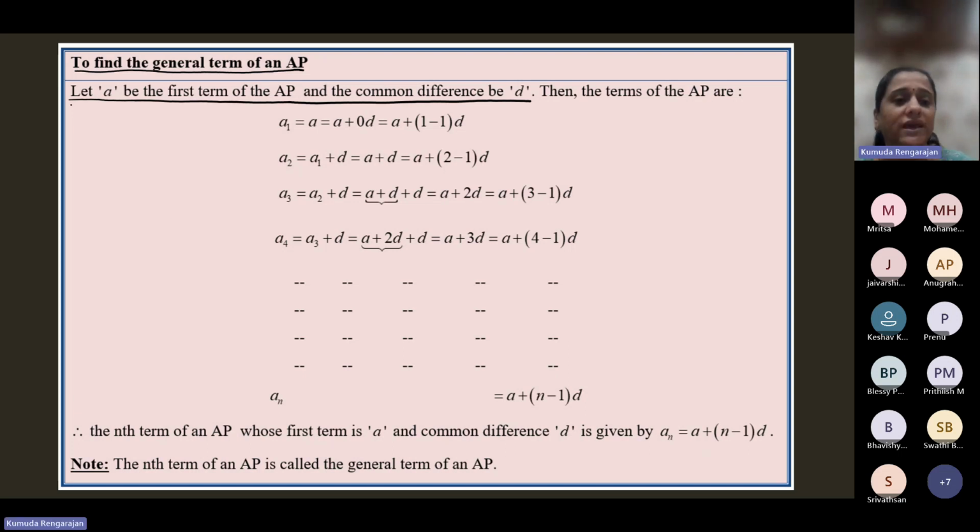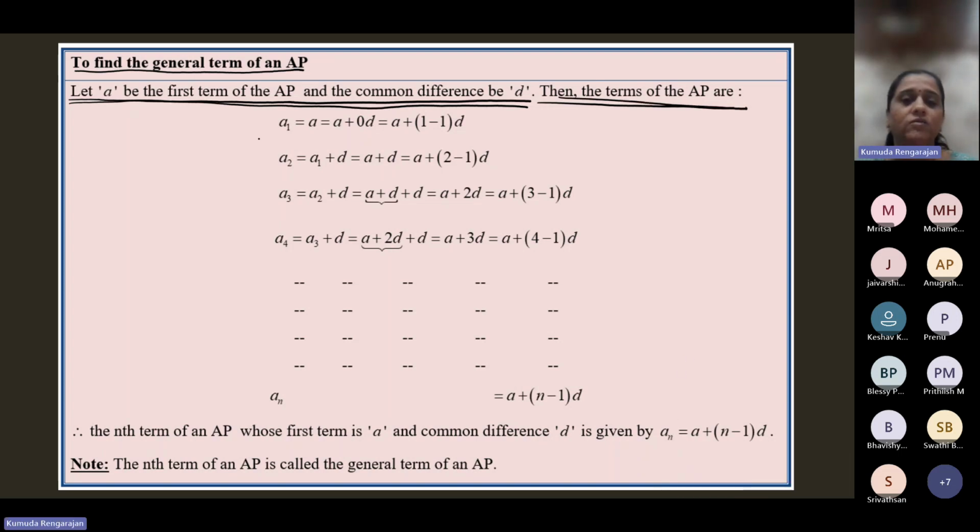So let A be the first term of the AP and the common difference be D. Then the terms of the AP are, follow me, don't read any other part of the slide, we'll go together.